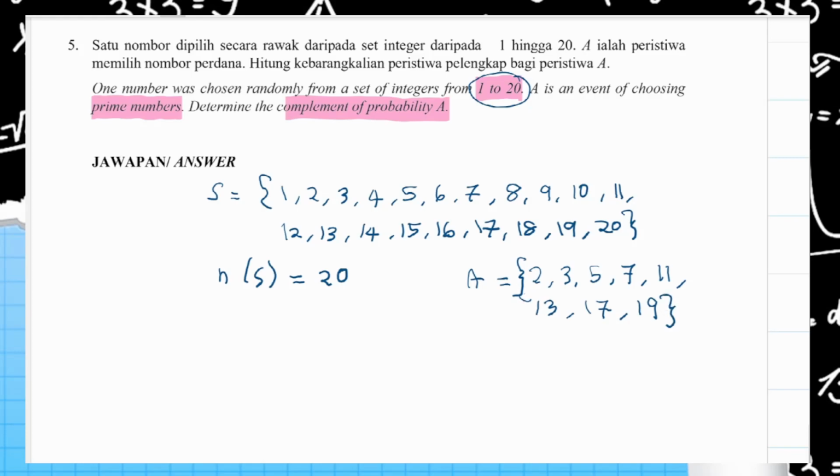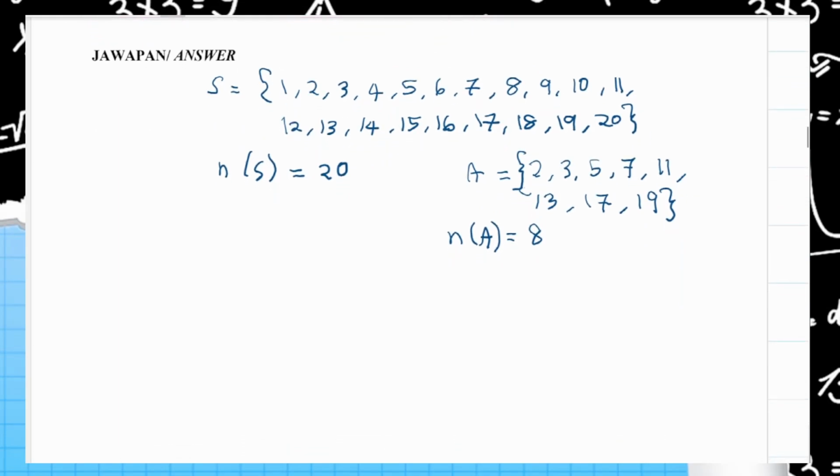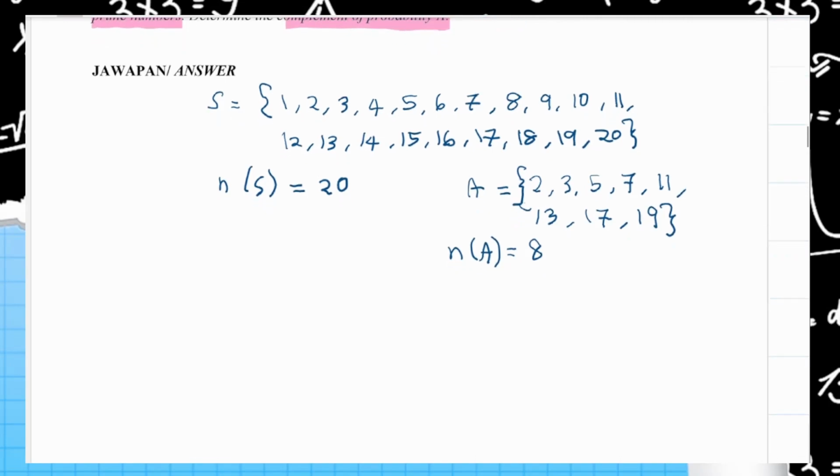So the number of your A equal to 1, 2, 3, 4, 5, 6, 7, 8. Okay, 8.